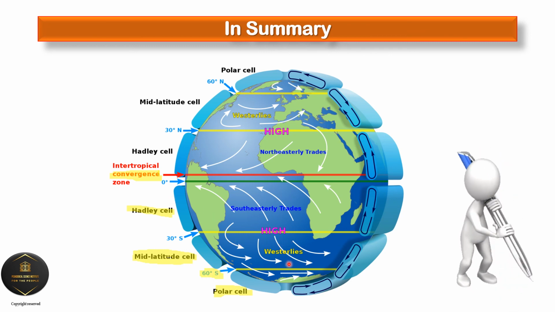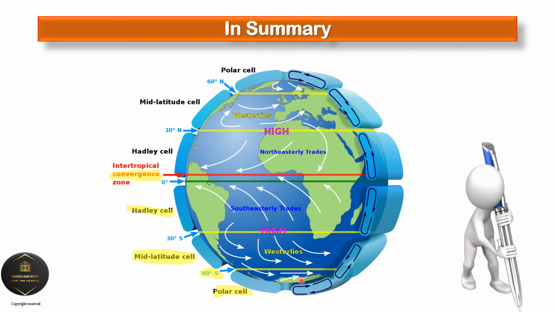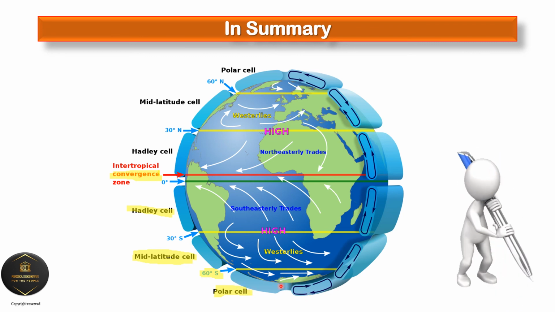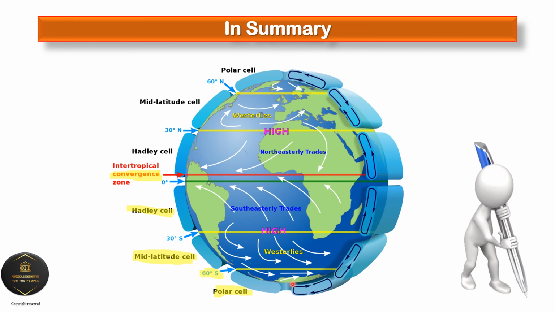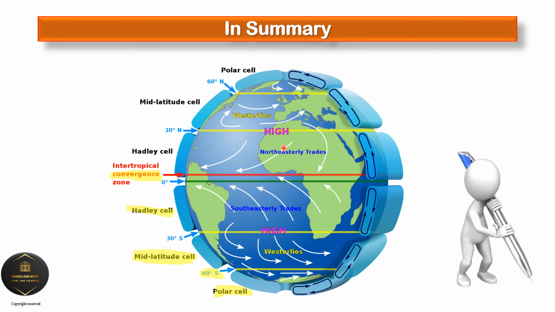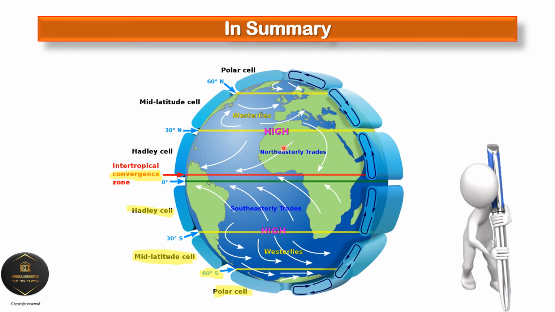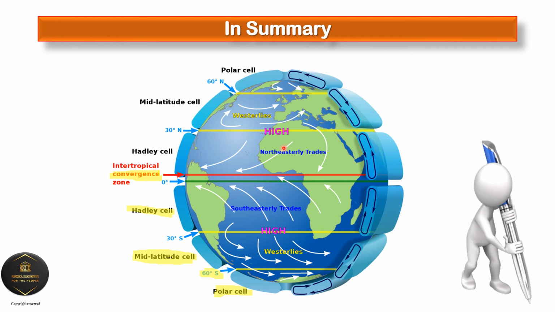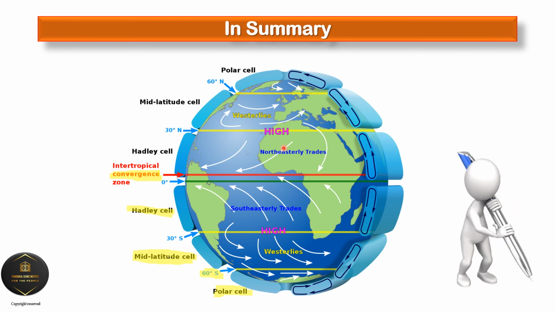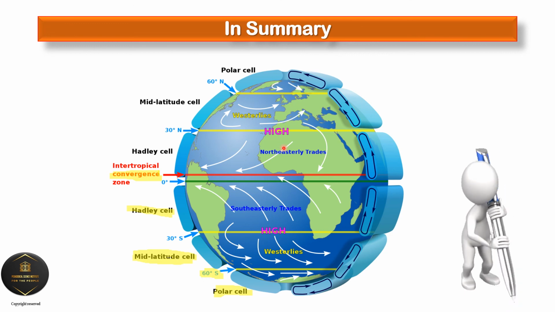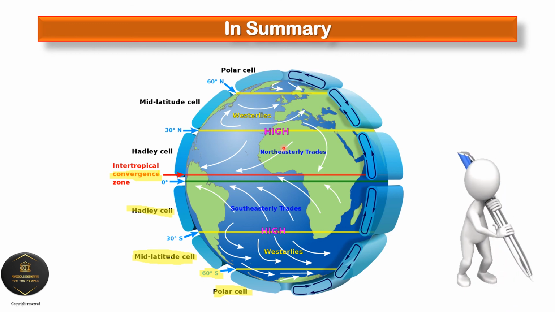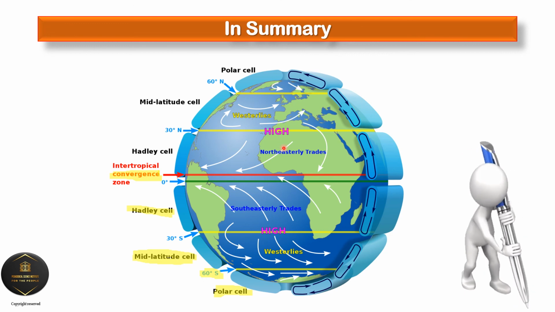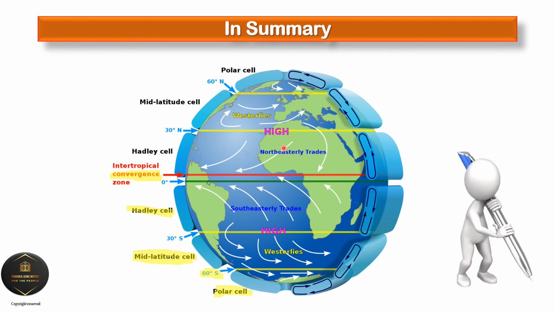At 60 degrees you have the subpolar low pressure belt, and at 90 degrees you have the polar high pressure belt, and at 0 degrees you have the equatorial low pressure belt, or the tropical low pressure belt, or the intertropical convergence zone. And remember, the intertropical convergence zone is formed due to the equatorial regions of the earth receiving direct sun rays from the sun.